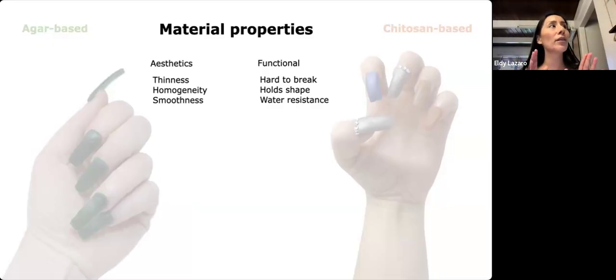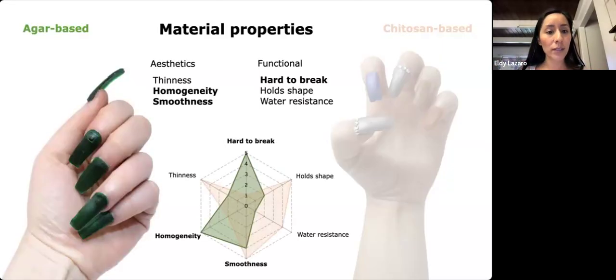However, observation was part of the process. We were looking at how the material shapes, how the material dries, the naturally inherent properties or qualities of the material throughout the fabrication process. And same for functionality. Being hard to break, holding shape, and water resistance were things that came from the material, something that we noticed.